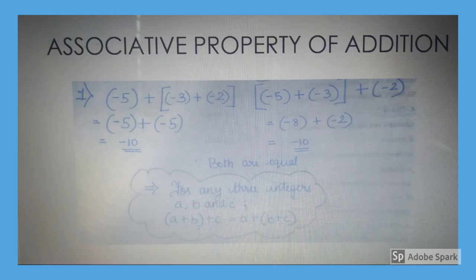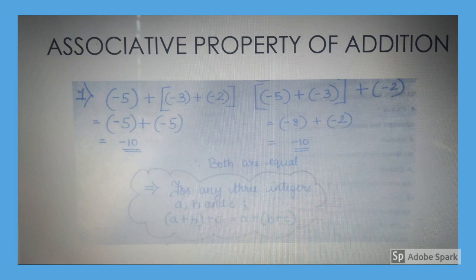So now let's see associative property of addition. So what is associative property? So associative property states that whenever there are 3 integers or 3 numbers, whenever 2 of the numbers are grouped, the answer should be the same as the answer when the other 2 integers are grouped. Let me give you an example.